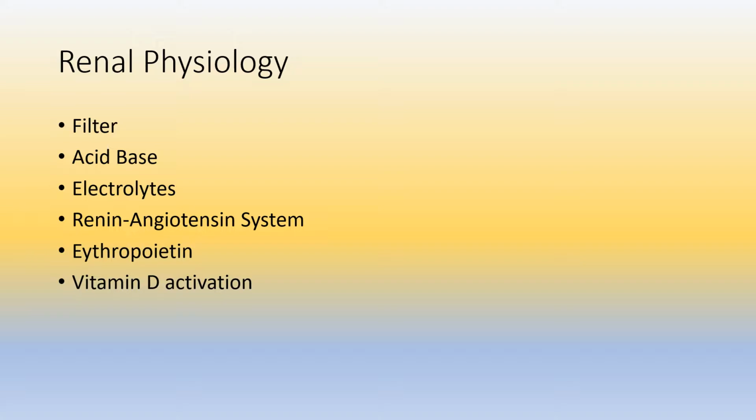They secrete erythropoietin, which is the stimulus to the bone marrow to produce and release red blood cells. And they also activate vitamin D. Vitamin D exists in the system, but it really has to be activated before the cells can use it. And we'll talk about that.